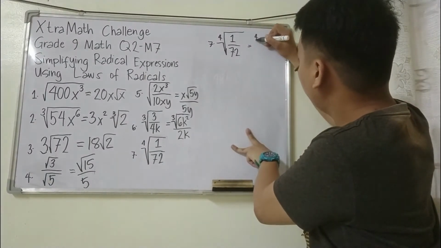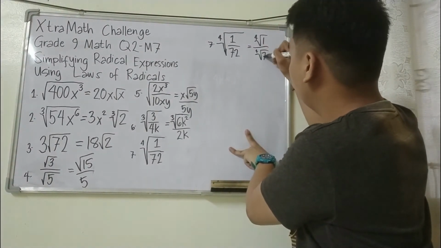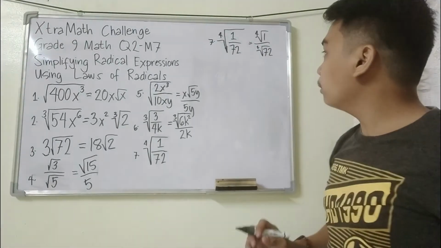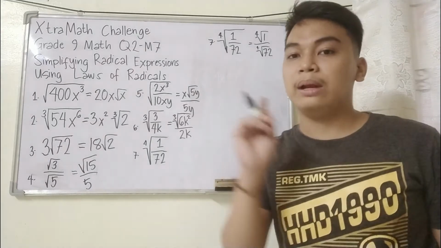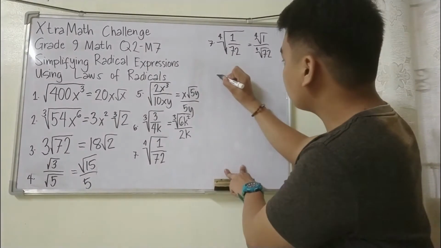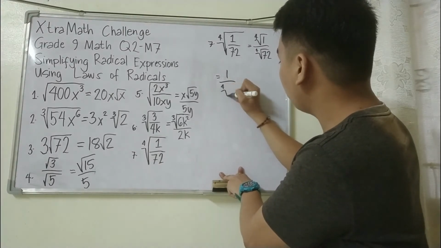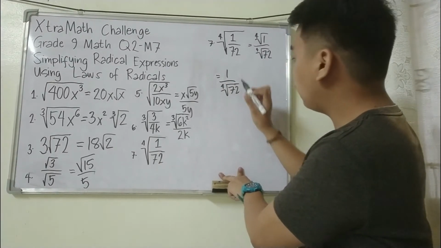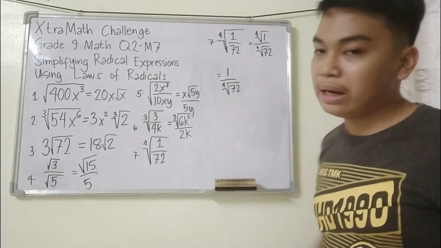So, fourth root of 1 over fourth root of 72. And fourth root of 1, or nth root of 1, is equal to 1. So, we have 1 over fourth root of 72. Meron pa tayong makikitang radical sign dito sa denominator natin.